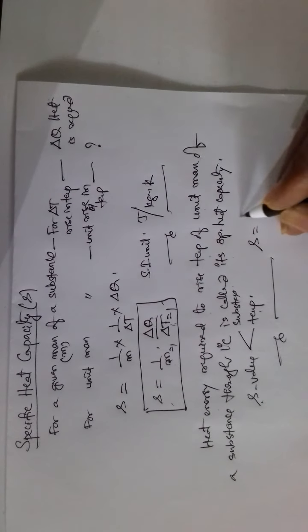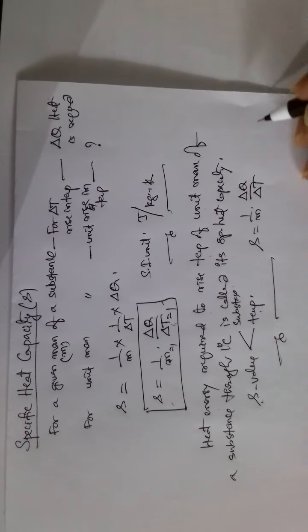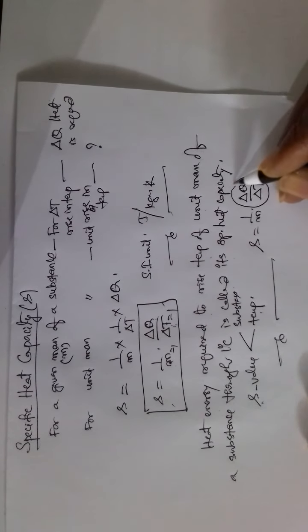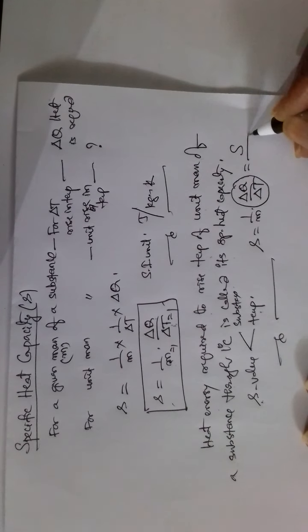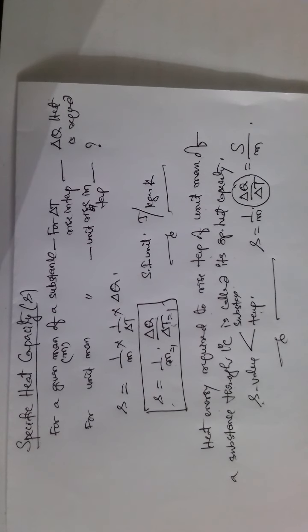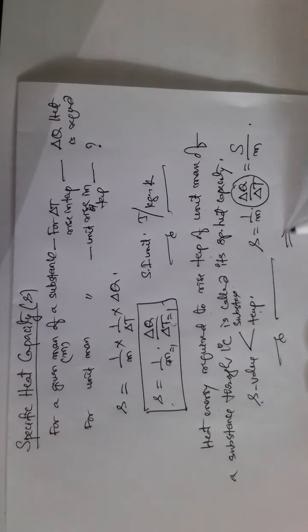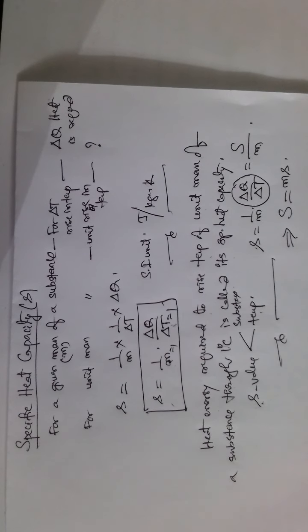S is equal to 1 by M delta Q by delta T. But the delta Q by delta T is nothing but heat capacity. That is capital S by M. So from this, heat capacity becomes M into S. That is the relation between heat capacity and specific heat capacity.